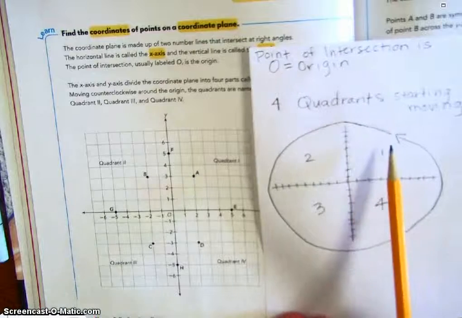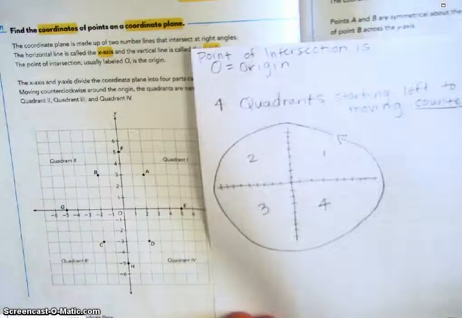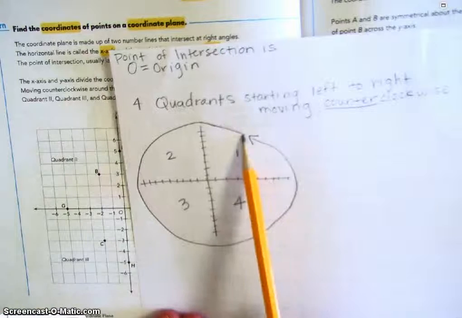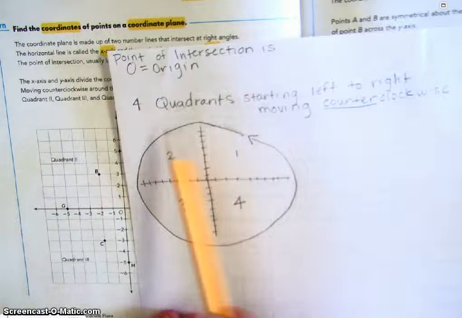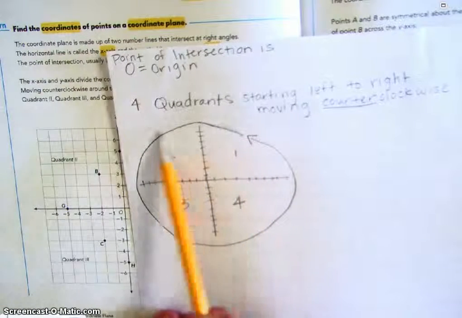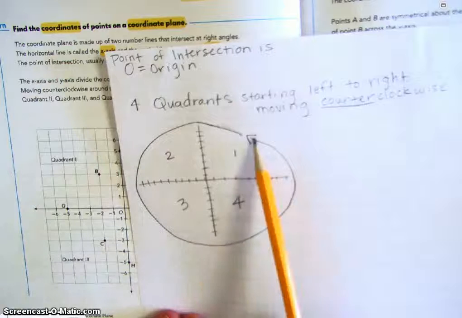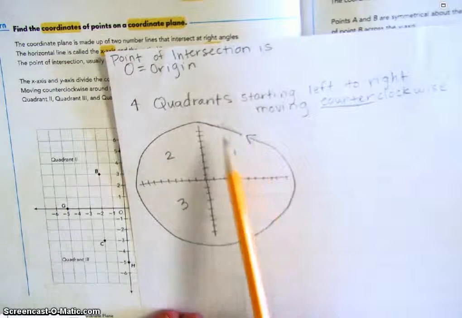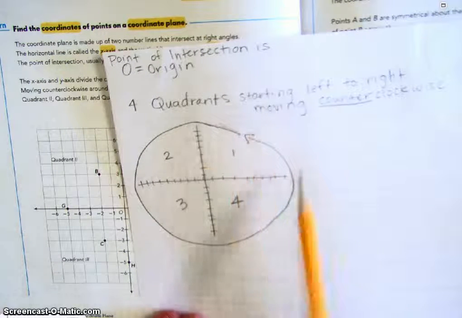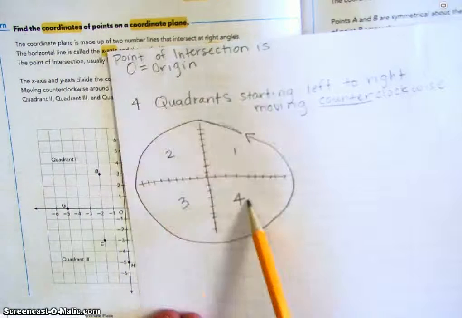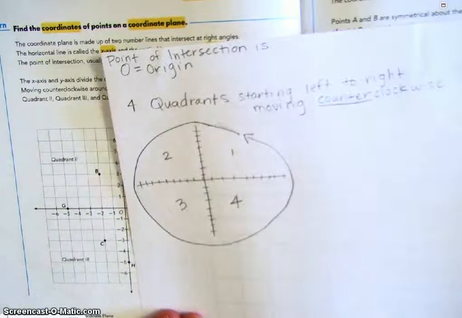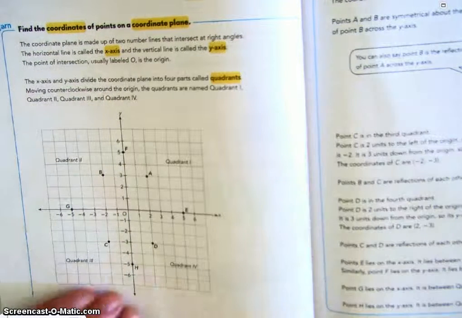It starts right here in the top right corner and goes counterclockwise, the opposite way of a clock, all the way around. So you start at 1 here and then go 2, 3, 4. That's how you know what quadrant your point will be in.